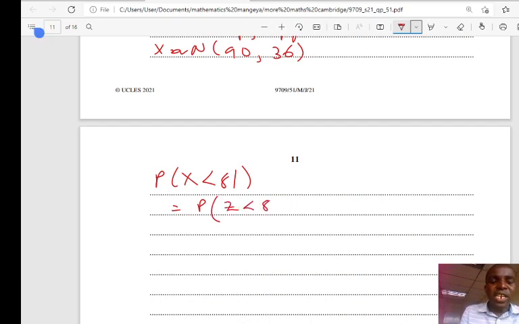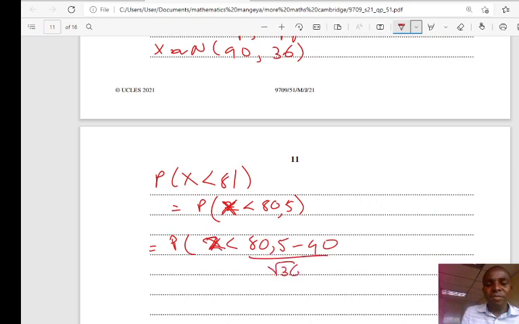In this case, before standardizing, whenever you use an approximation, remember to use continuity correction. So if it's less than 81, it's supposed to be less than 80.5. Right? So now we can standardize. Z is less than 80.5 minus the mean, which is 90, over sigma, which is root of 36.